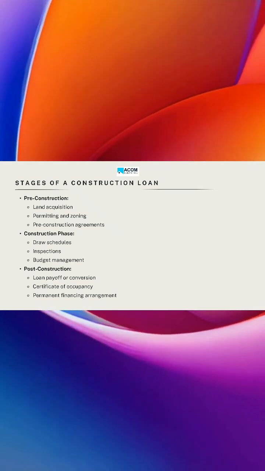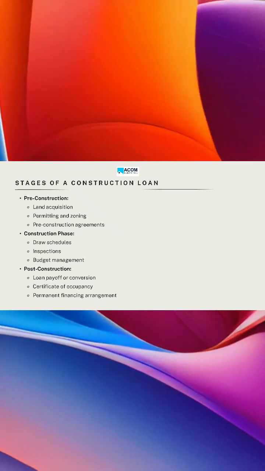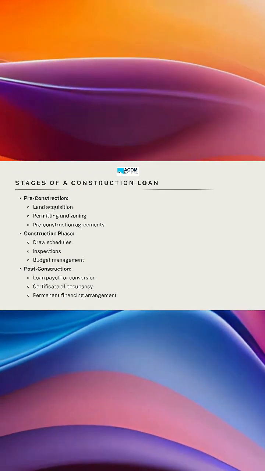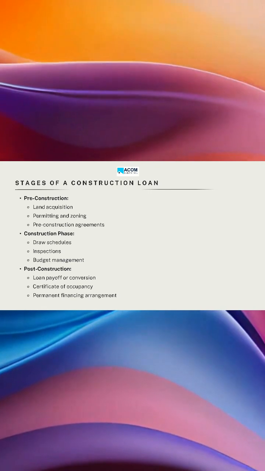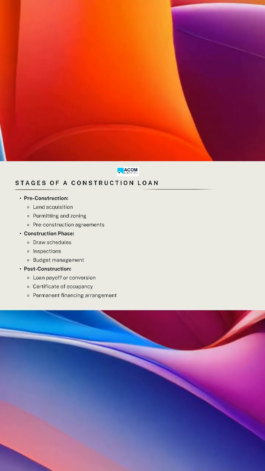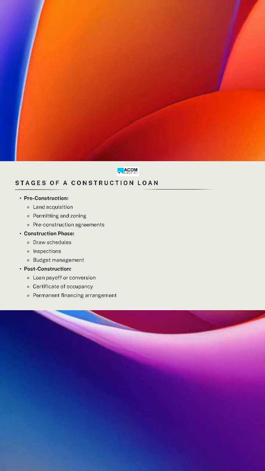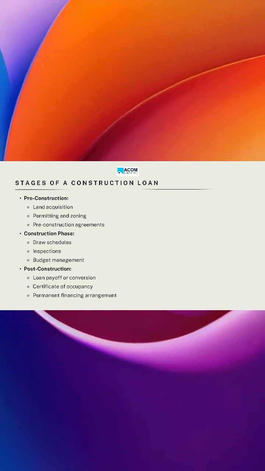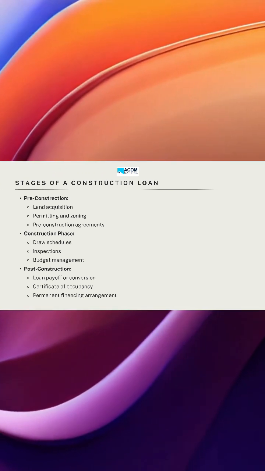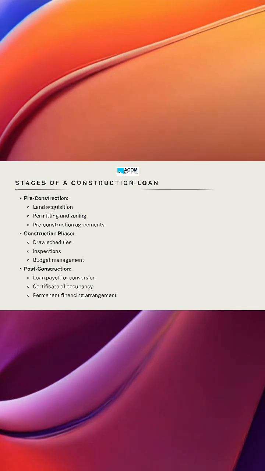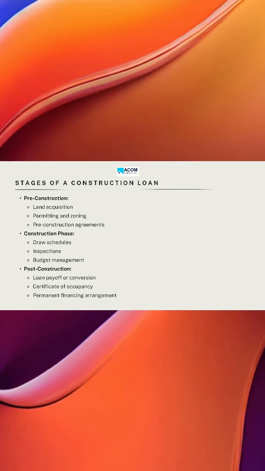Stages of construction loans. First, the pre-construction: land acquisition, permitting and zoning, as I said, and pre-construction agreements. That is when most people come to us, when they purchase land. And just by the way, when you purchase land, that loan is called a land loan as is, because you don't have permits.